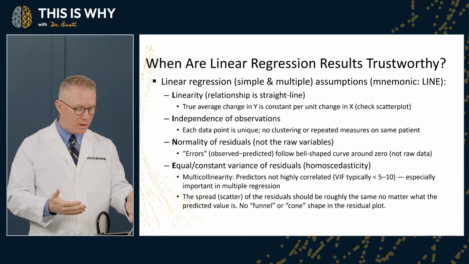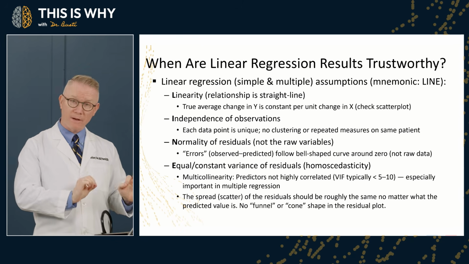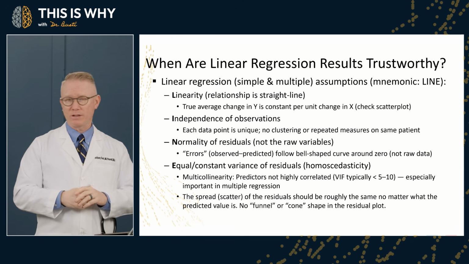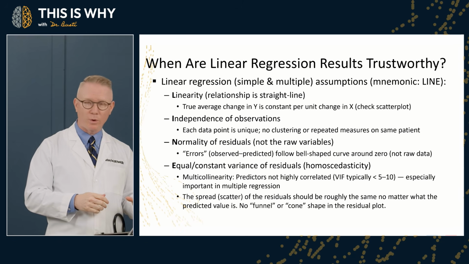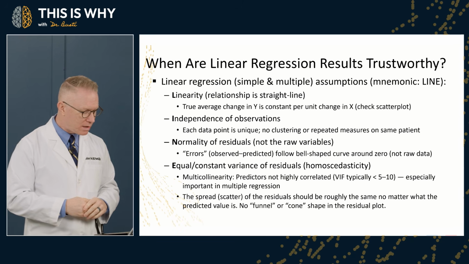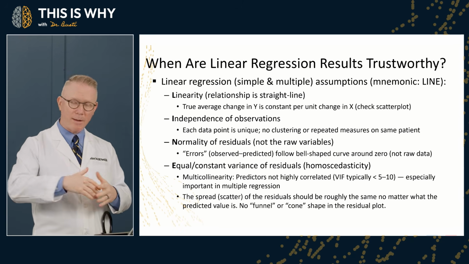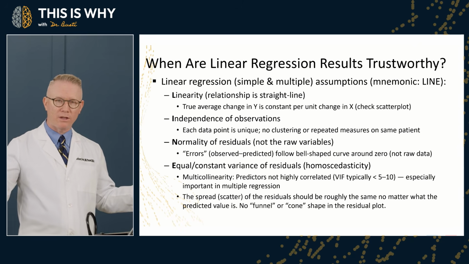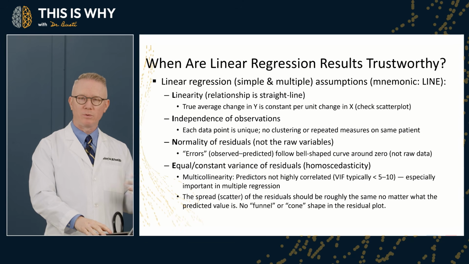And so low, and they should kind of guide you to that, especially when they're really trying to define these variables, that's what their VIF is, usually less than 5 to 10, especially important in that multiple linear regression analysis. And the spread of those residuals should be roughly the same no matter what the predictor value is, okay? So there's no funnel, there's no cone shape in the residual plot, okay?